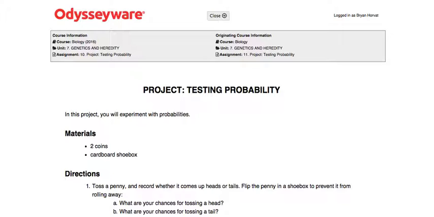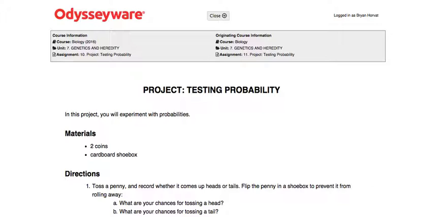So every time we throw a coin into the air, we're talking about an independent random event, meaning the coin has a 1 in 2 chance, or a 50% chance, of landing on heads or landing on tails. That's really one of the most important pieces to remember for the project.